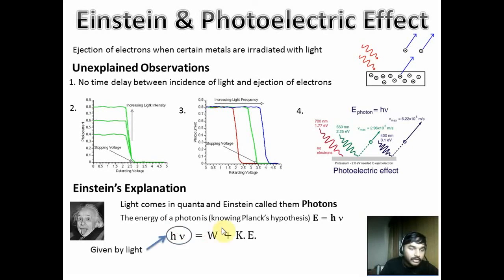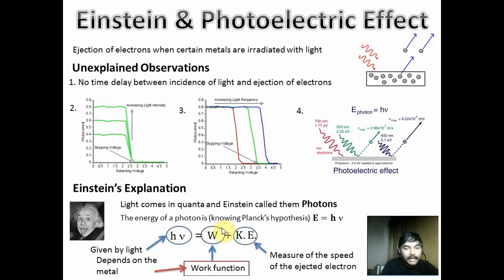This is the energy which is given by light, this is the work function of the metal, and this work function depends crucially on the metal itself. So potassium has a different work function than sodium, and so on and so forth. It does not depend on the light. And this measures the energy of the ejected electron, this is the kinetic energy. So that is all that we learned from last time.